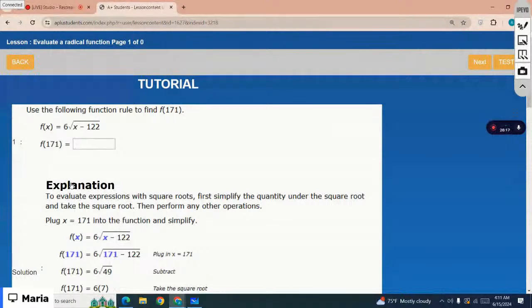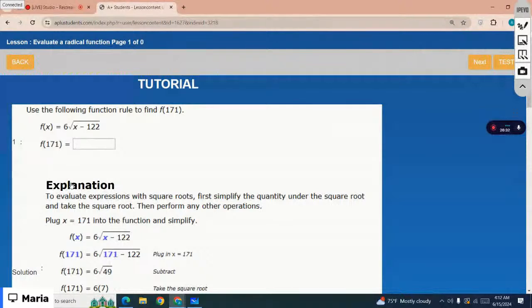Okay, so use the following function rule to find f of 171. So you have to evaluate the function for x equals 171. So how do we evaluate?